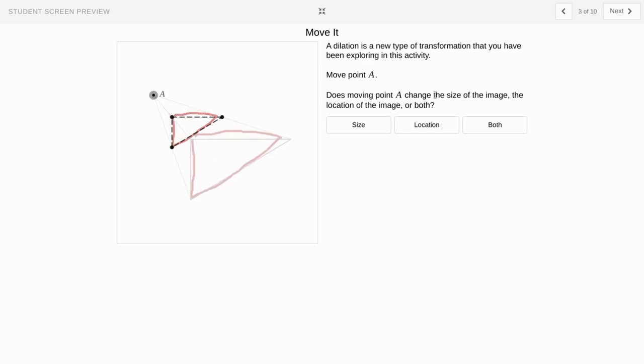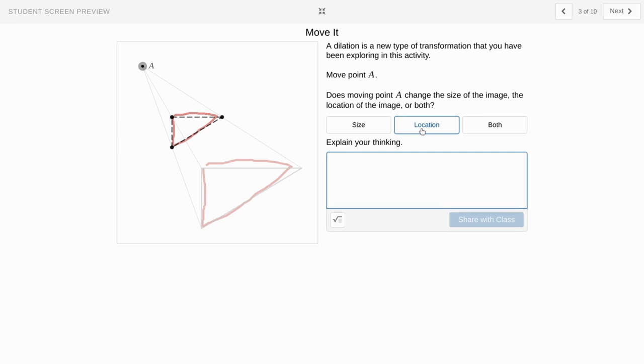Does moving point A change the size of the image? Is it getting bigger or smaller? I think it's just, let's see. If I get closer, further, what does it do? Does it change the size, location, or both?